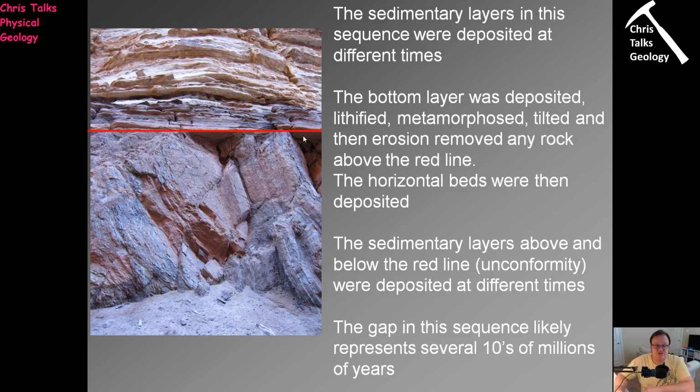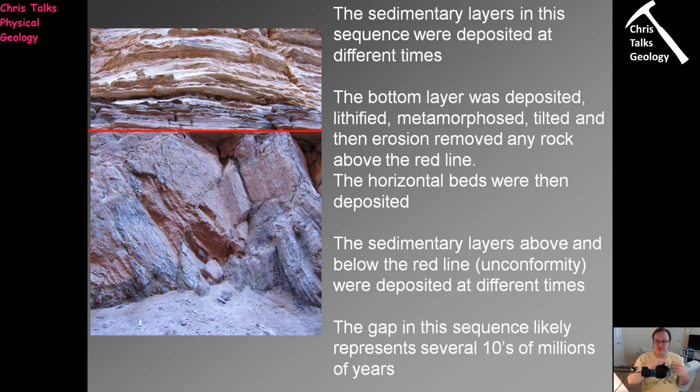Because let's just think about how this will have formed. These layers of rock here will originally have been horizontal. Remember, principle of original horizontality: the sedimentary layers will have been deposited as horizontal sheets. So what's happened?